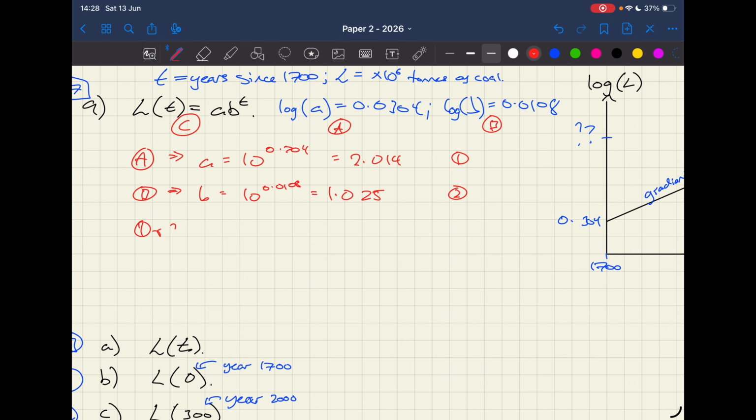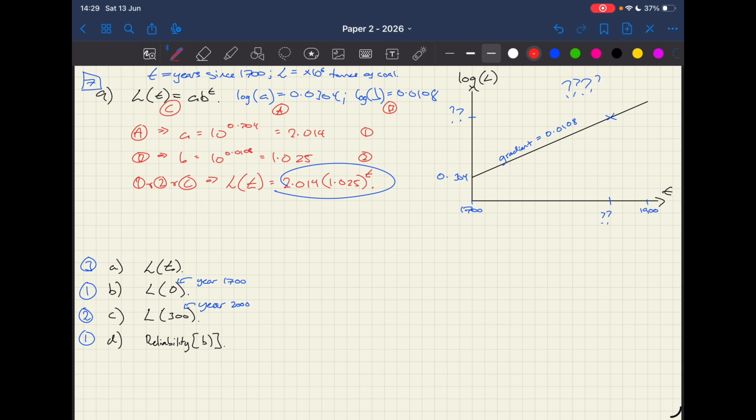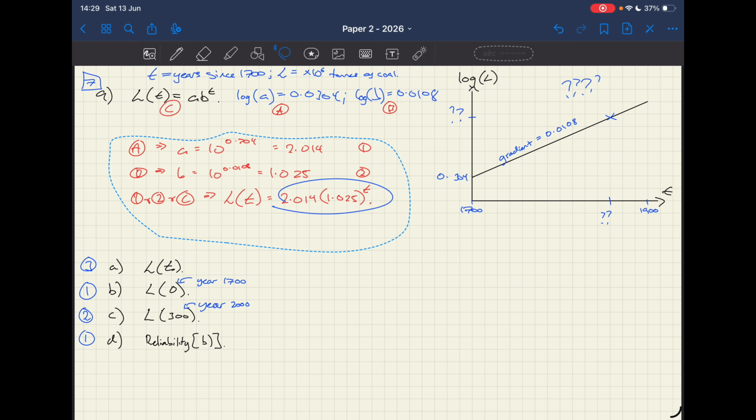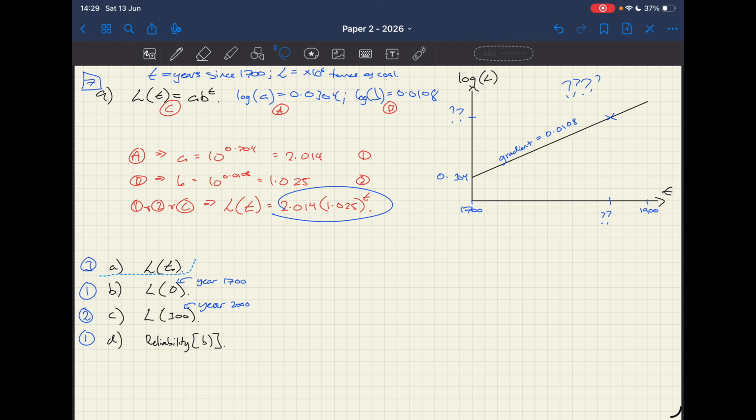So let's take fact 1, fact 2, and fact C. They tell us that we can write our model as A, which is 2.014, times by B, 1.025, to the power of T. That looks good to me. That was part A, wasn't it? So let's actually move that down a little bit, put part A up there.